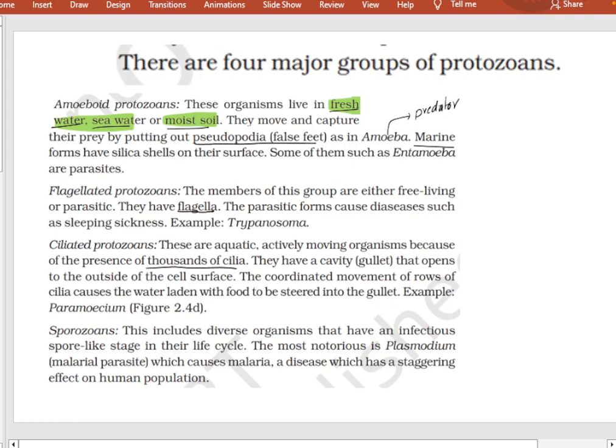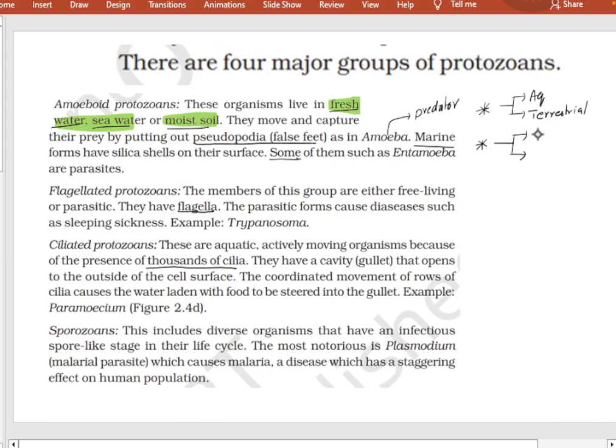Some of them are parasites. So two things you should remember. One is the place where they live. They can be aquatic, and they can be terrestrial. This is the first point. The second thing you should remember is how they occur.